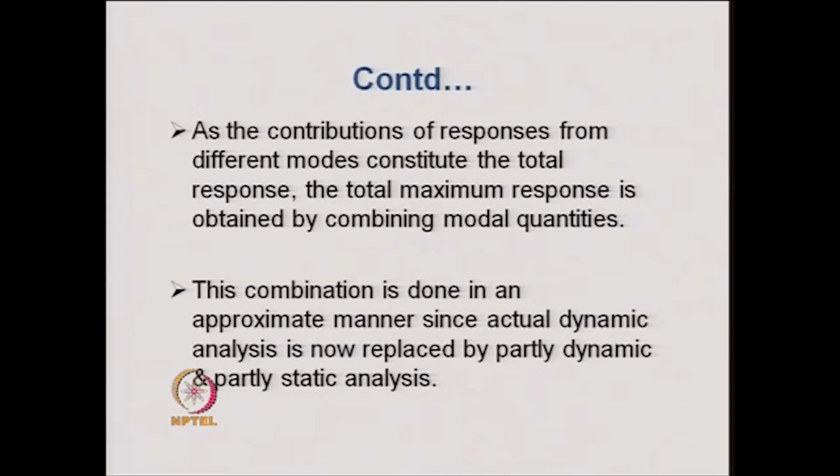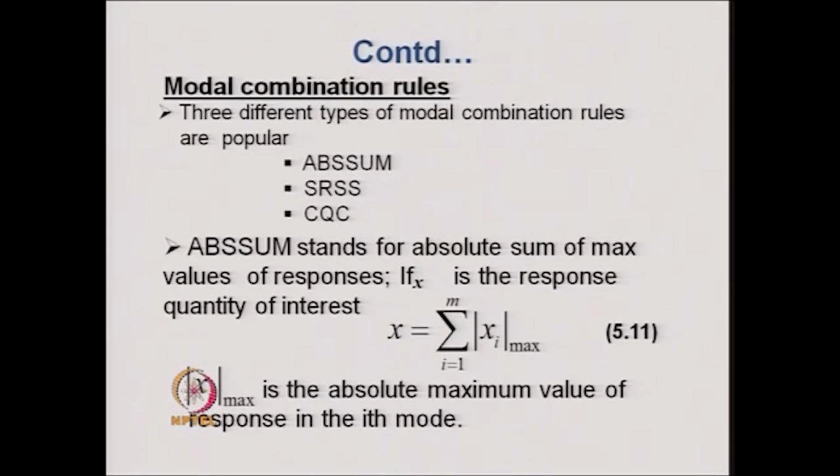Now, in this part we make an approximation, and there are different combination rules that are prescribed, and we adopt one or the other combination rule, and these combination rules are somewhat approximate. The reason for this will be explained shortly.